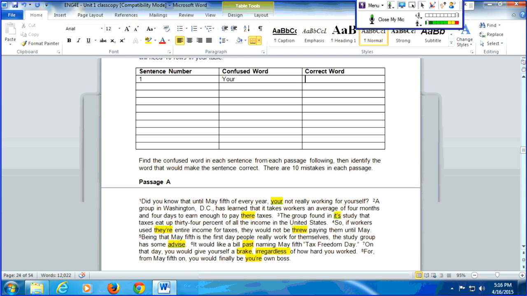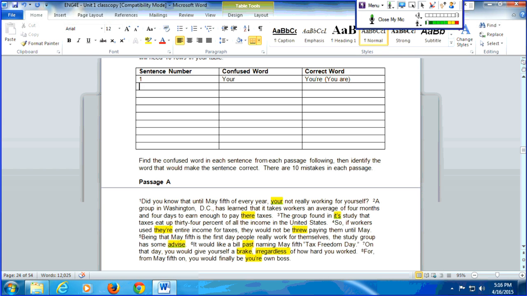So you can either put the correct words, you are, or you could write you are. The same thing. Your is just a contraction of you are.